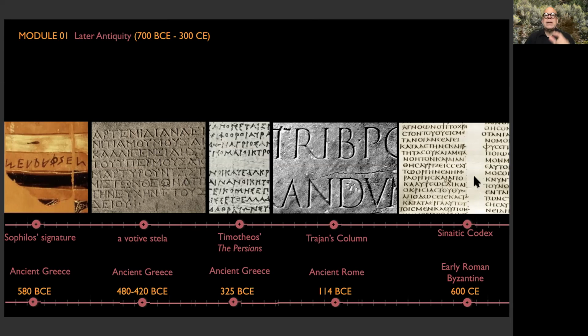So uncials meaning inch highs, or thumb highs, as in the first phalanx of a thumb. We're looking at a kind of regulated standard means of communicating parts of a language in written form. And that begins with the Greek and continues with the Latin alphabets.